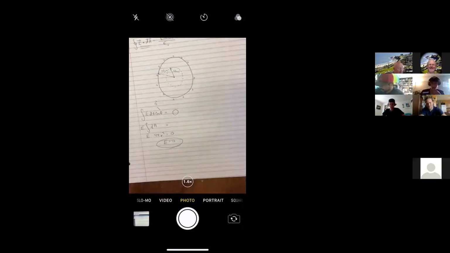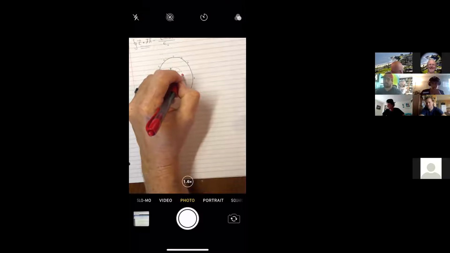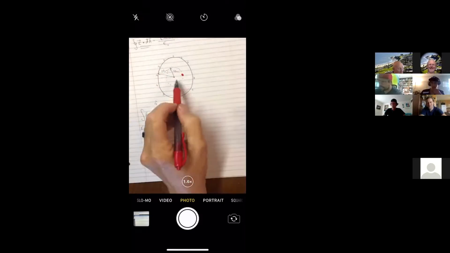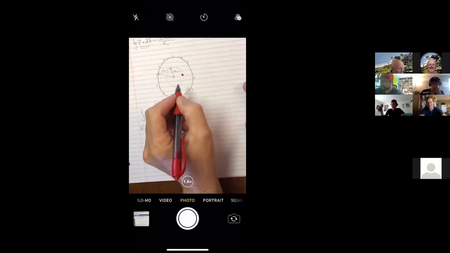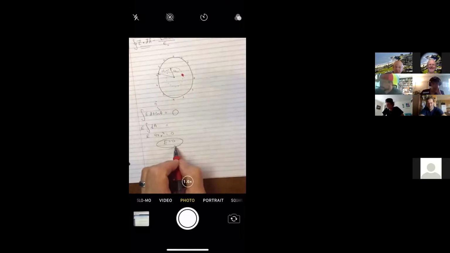Now, here's the physics of it. Maybe a different color might help it stand out. If I were to pick some point on this Gaussian surface, some point that is 10 centimeters from the center, the question is, what's the electric field there? And the math just told me it was 0.